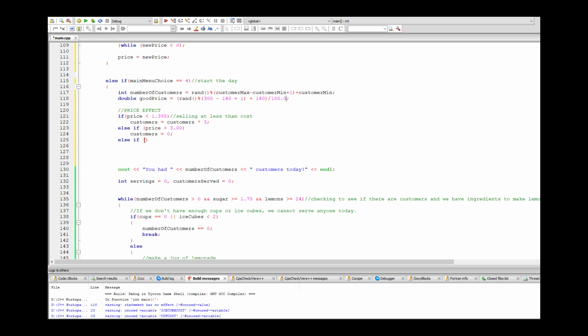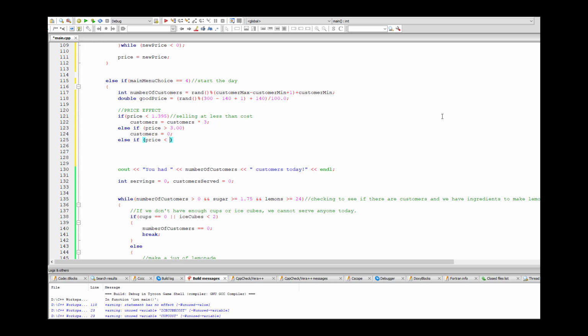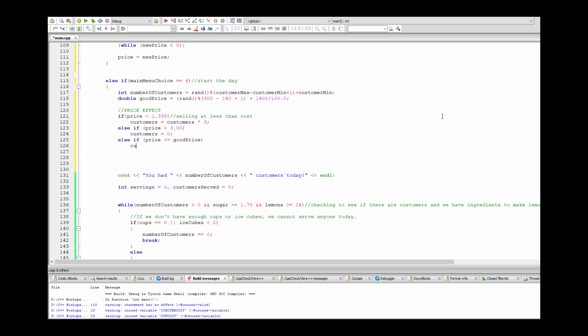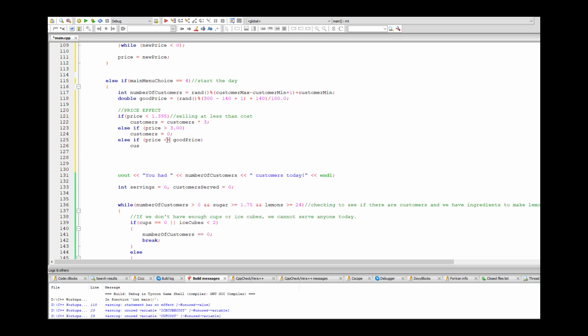So we have the good price threshold. What we will say is, actually, we will just say if it's above it.